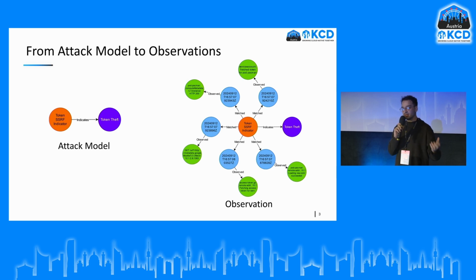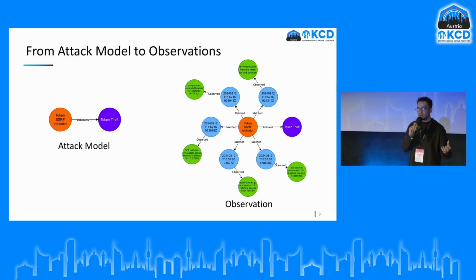There is an indicator, the token SSRF indicator, which is mapped to the attack step, and the indicator basically tells us how a log should look in order to be associated with the specific attack step. By applying this attack model on the honey cluster, you basically tell the honey cluster that we are looking for logs that match the indicator.